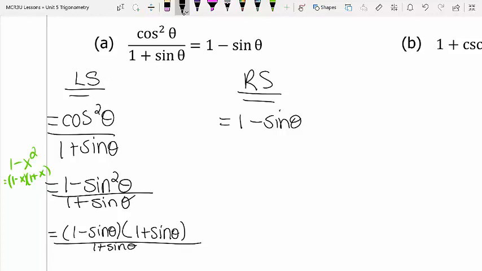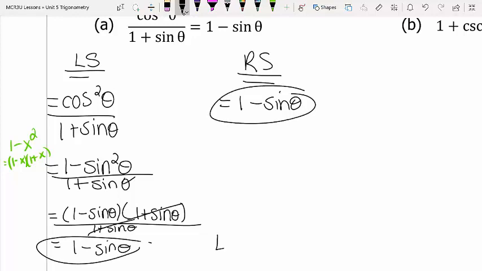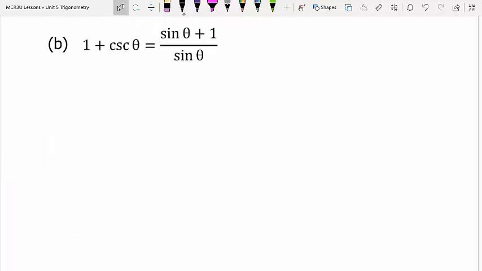And now this is great because these two guys cancel out, and we are left with just 1 minus sine theta. And my left side is now equal to my right side. So we have used the identities from our bank and some factoring to prove that the expression in the question was true.